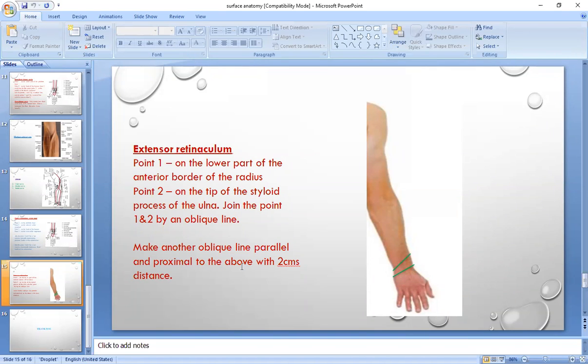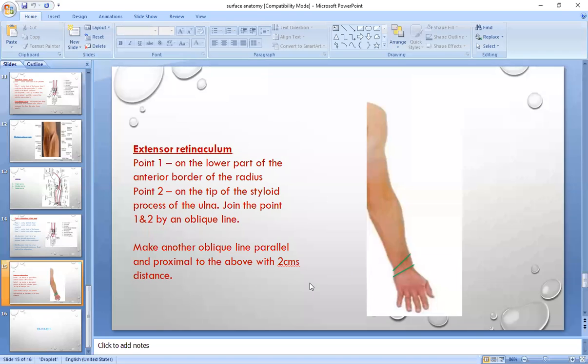Then make another oblique line, parallel and proximal to this first line, and it should be 2 centimeters apart. This gives the proximal border of the extensor retinaculum.